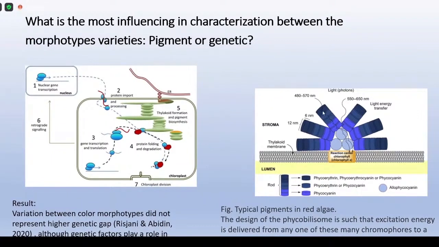For this, this is the stroma and the thylakoid membrane here, and this is the lumen. Phycoerythrin and phycocyanin play a role here in the stroma, and the other pigments play a role here in the membrane, for example chlorophyll A.